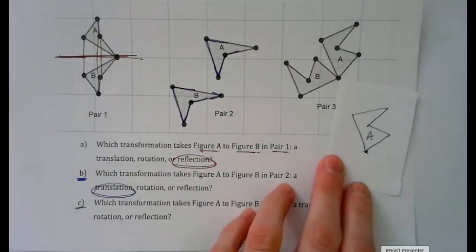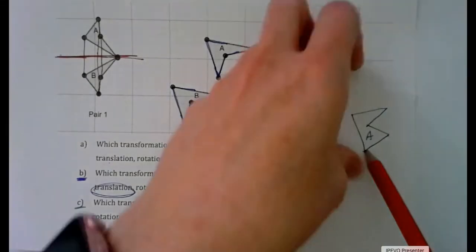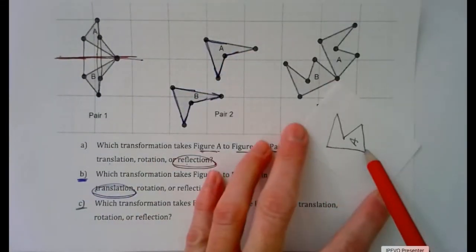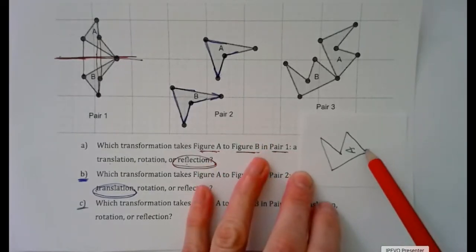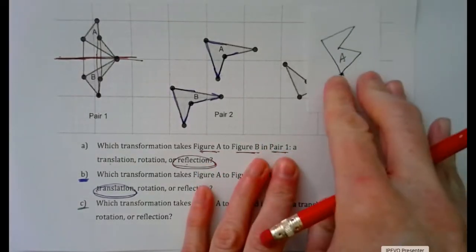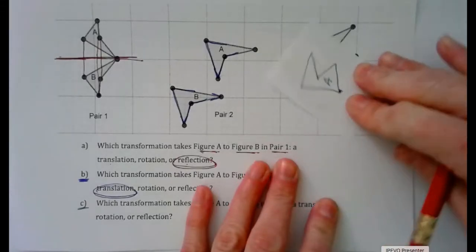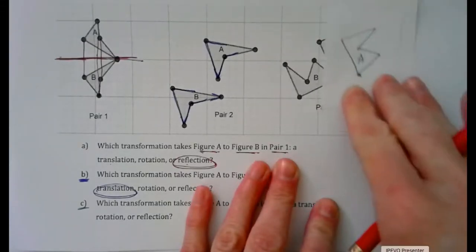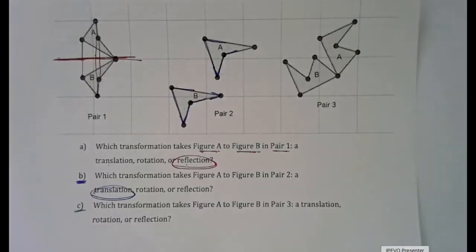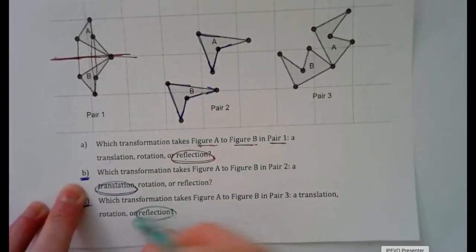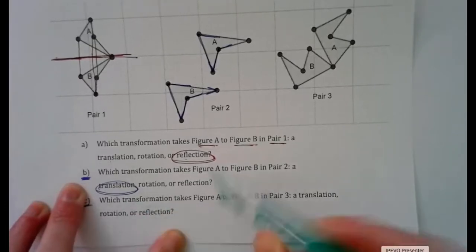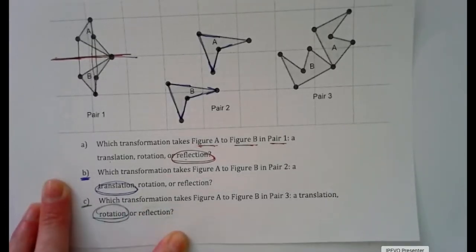If I started with A and rotated, I could make it look like B. Now again, you would do that on your paper. I can see through this, but you can't. So you would use your tracing paper and you would see that that was not a reflection, but a rotation.